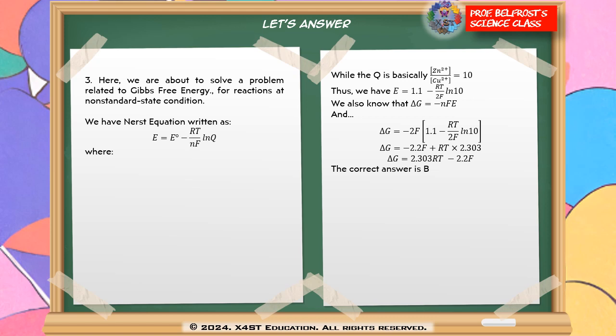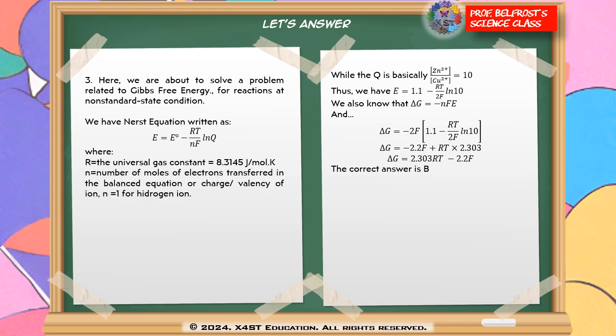Here we need to memorize the Nernst equation, written as E equals E0 minus RT over nF times ln Q, where R is 8.3145 joules per mole Kelvin, and n is the number of moles of electrons. We can find it later when we have the chemical reaction with us.